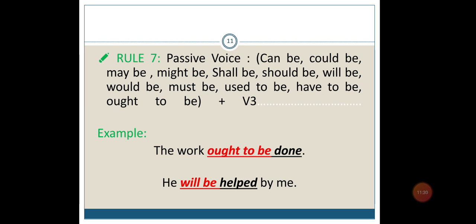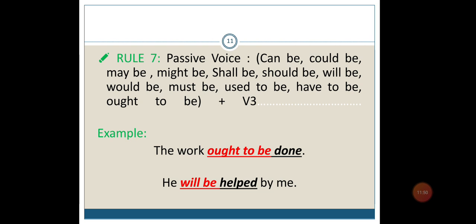So passive voice is used when we want to emphasize the action or the verb and the object of a sentence rather than the subject. The emphasis is put on the verb, not on the subject.